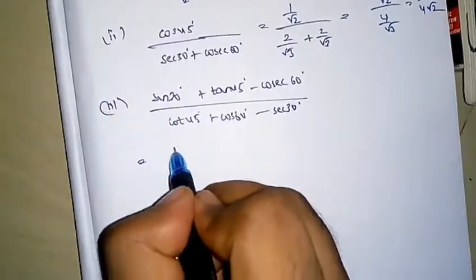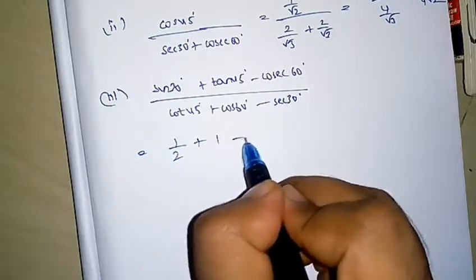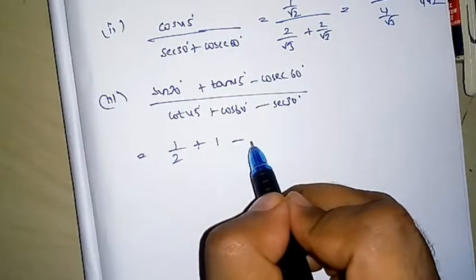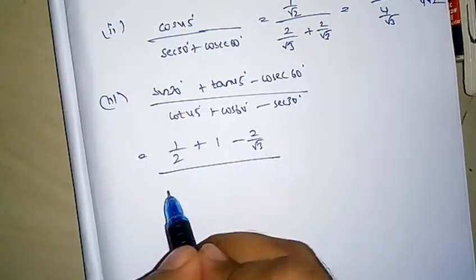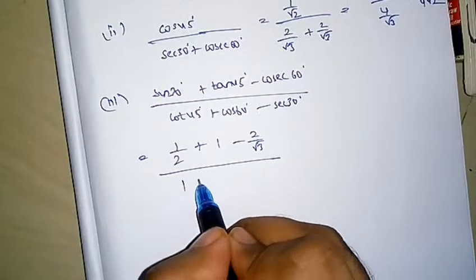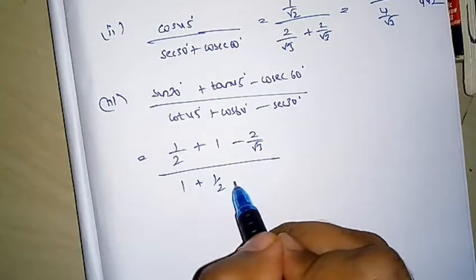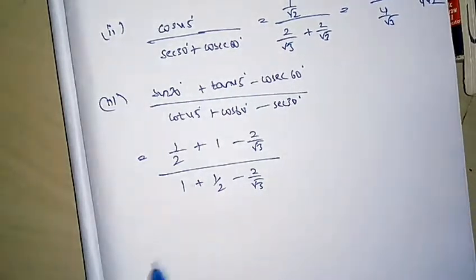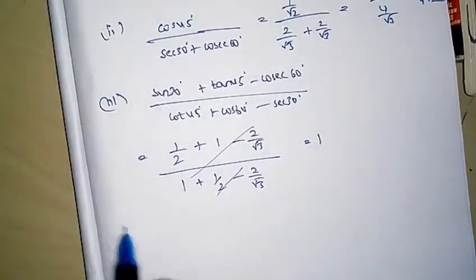This is sine 30 is 1 by 2 plus tan 45 is 1 minus cosecant 60 is 2 by root 3 by cot 45 is 1 plus cos 60 is 1 by 2 minus secant 30 is 2 by root 3. So you have same numbers in numerator and denominator, you can cancel. This will be equal to 1.